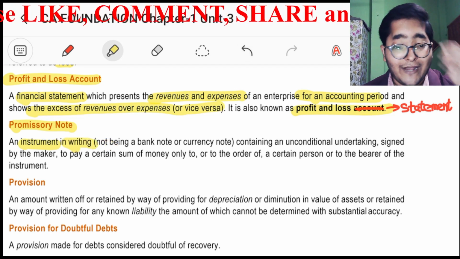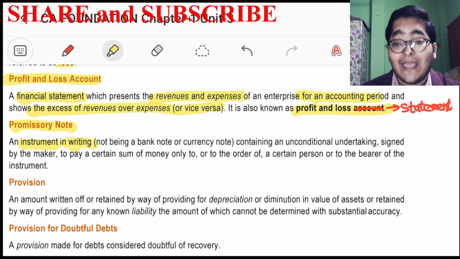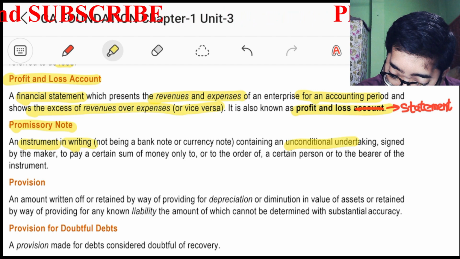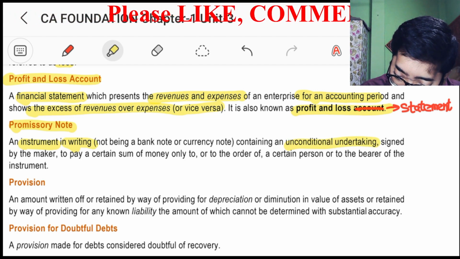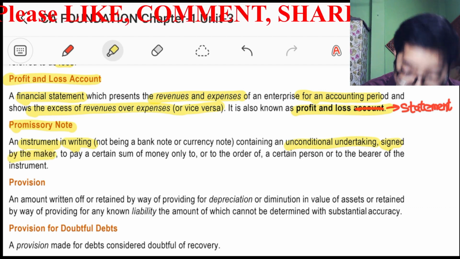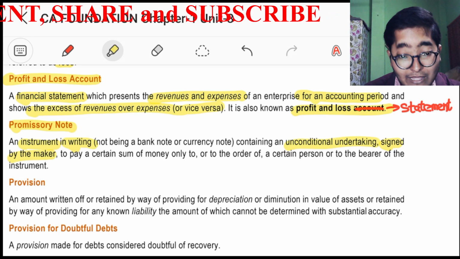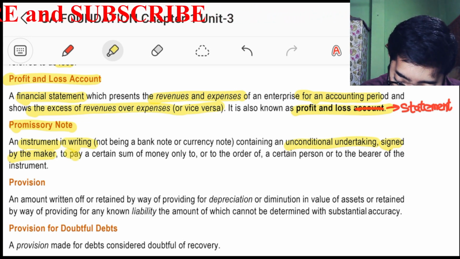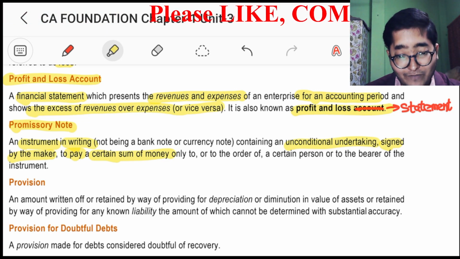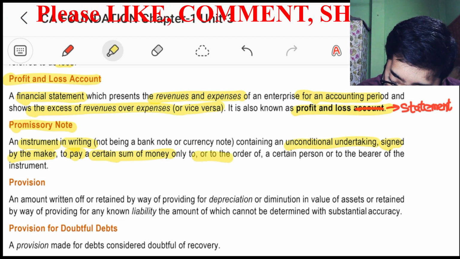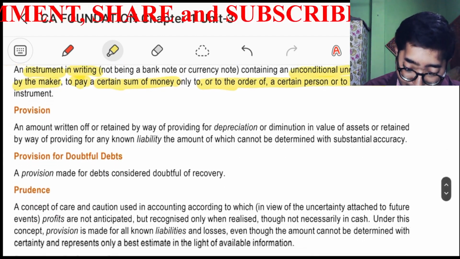A promissory note should be in writing, not being a banknote or currency note, containing an unconditional undertaking. There must be an unconditional undertaking. Then signed by the maker. The maker of the promissory note should sign it to pay a certain sum of money. The money amount should be certain, only to the order of a certain person or to the bearer of the instrument.